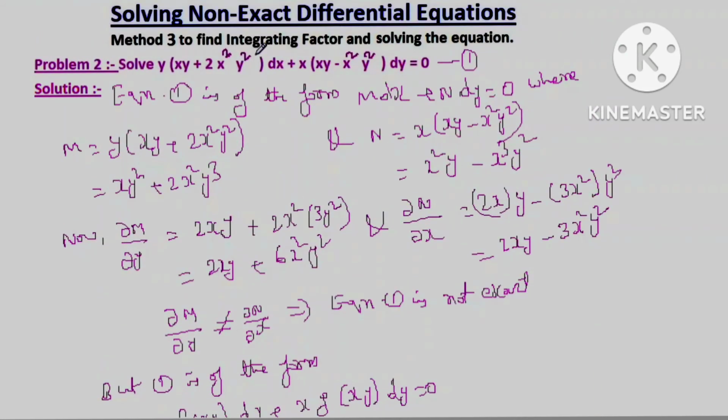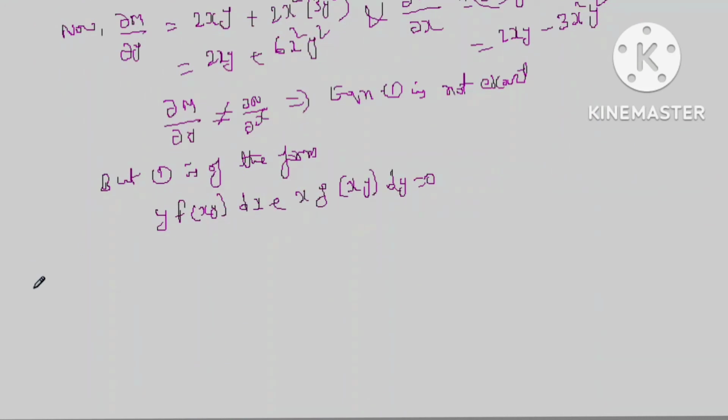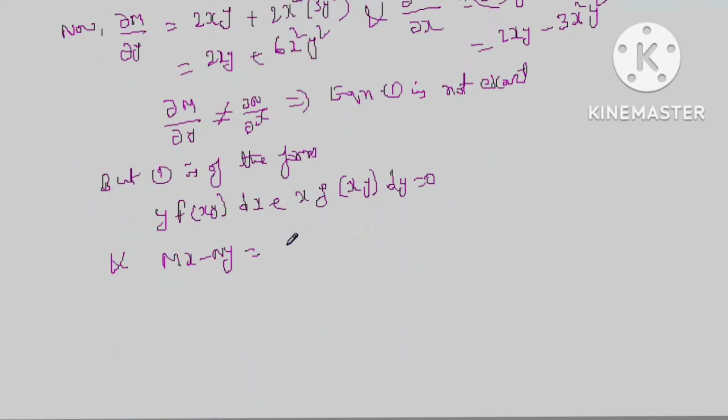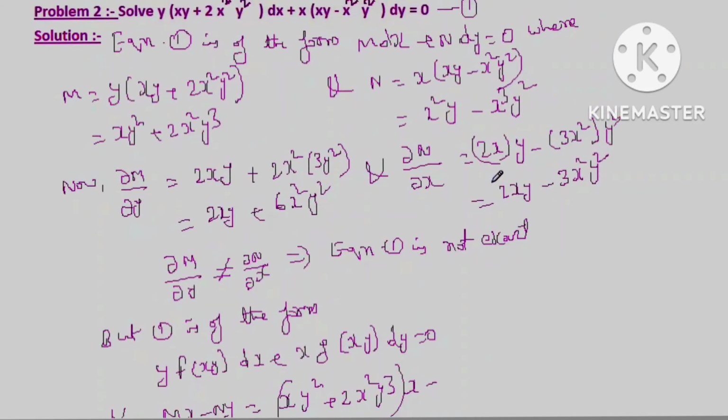So this is y into some function of xy dx plus x into some function of xy into dy is equal to 0. And let us find what Mx minus Ny is. What is M? M is this one, right? xy square plus 2x square y cube into x, minus, what is N? This is N.